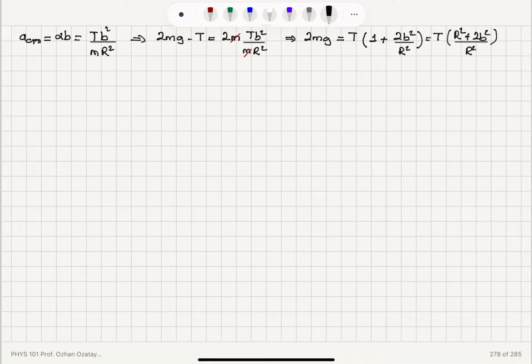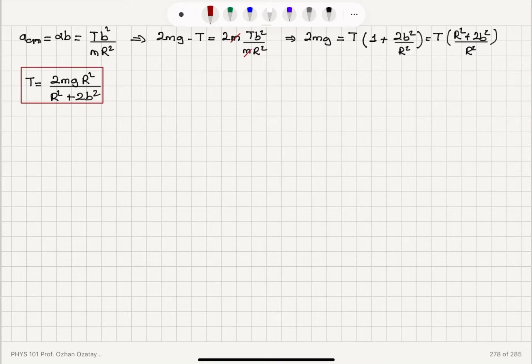Okay, so if we isolate tension here, the tension becomes 2mg multiplied by capital R squared, so it's going to be 2mg capital R squared divided by capital R squared plus 2b squared. This is our tension.